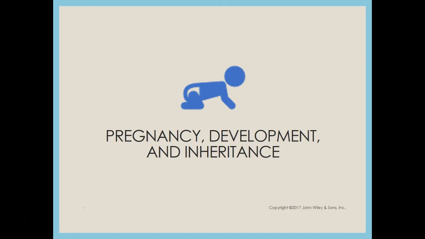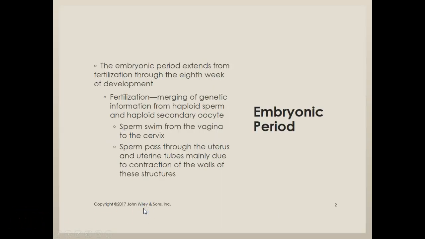So fertilization initiates a whole cascade of developmental events that, when they're completed properly, is going to lead to a healthy newborn baby. So pregnancy begins with fertilization and then proceeds to a period known as the embryonic period, and then fetal development.